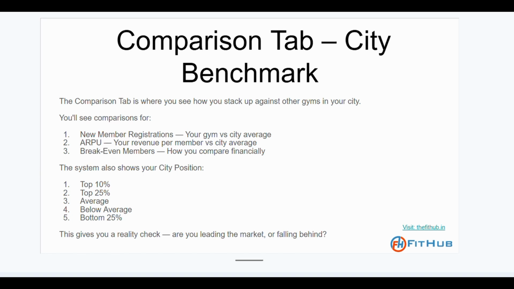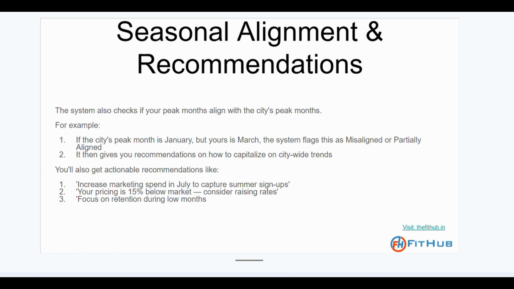Now, the seasonal alignment is if the system checks whether your peak months or your low months align with the city's peak months. For example, the city's peak month is January, but yours is March. So the system will flag this. The system will tell you that this is a misaligned trend, or a partially aligned trend.